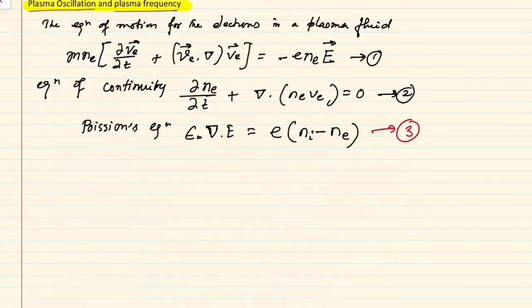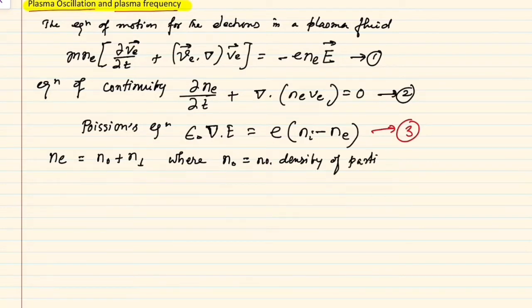So what is here Ne? Now let me tell you, we will write Ne is equal to N naught plus N1. Okay, where N naught is the number density of particles at equilibrium position when the plasma was steady at equilibrium.